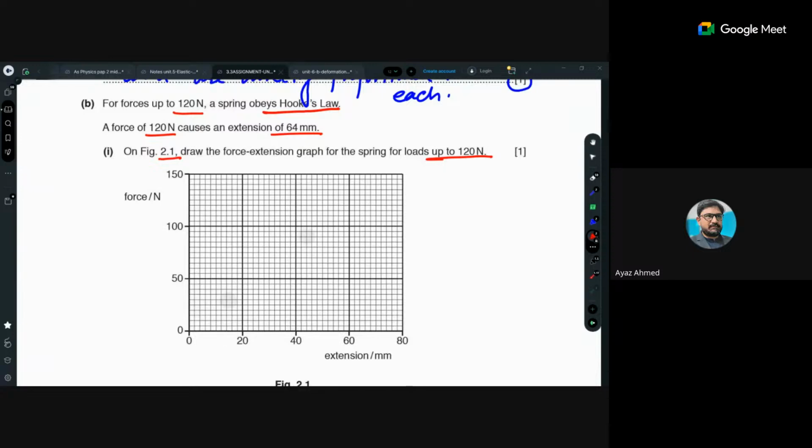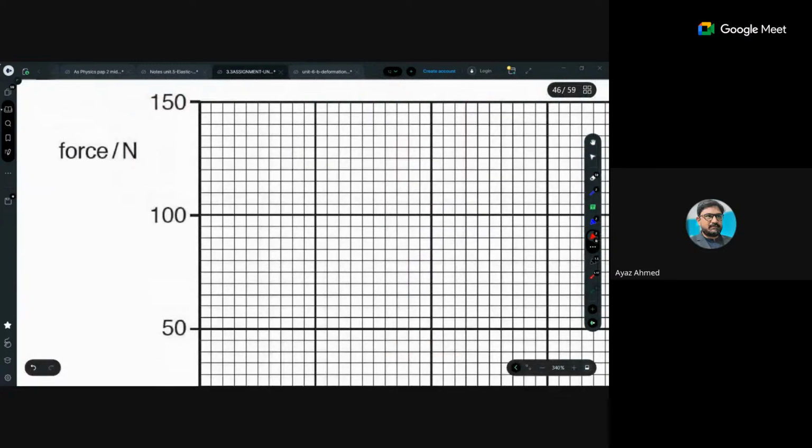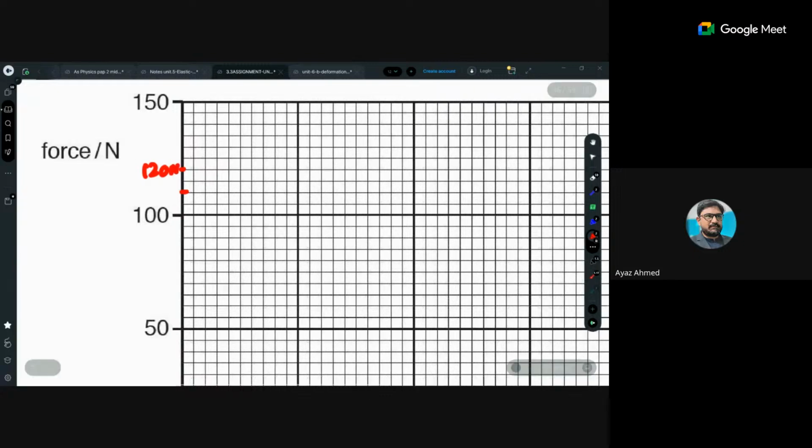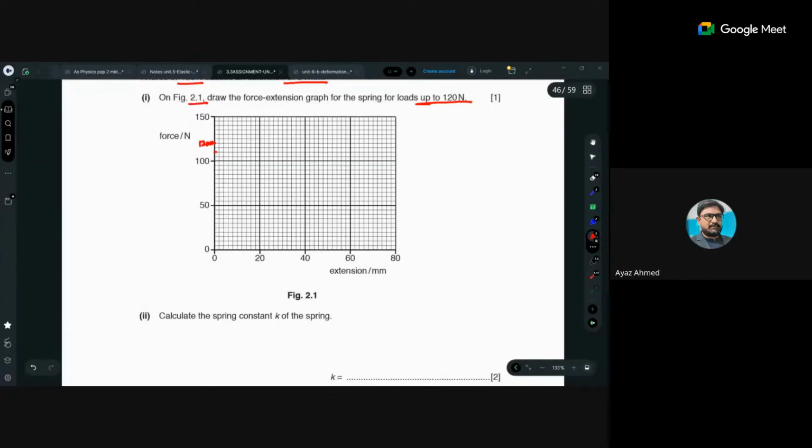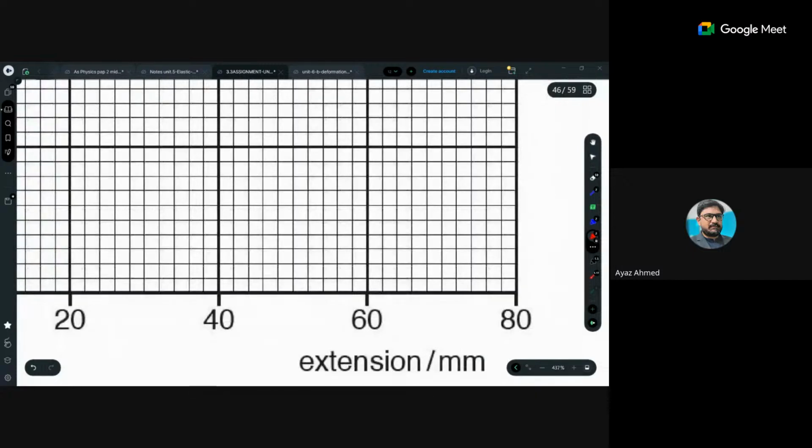64. So first of all, mark 120 newton. It is 100, then 110, then 120. So this is my 120 newton load. Got it? And then I will figure out 64 millimeter extension. So 64 will be 2 4. It would be 64.